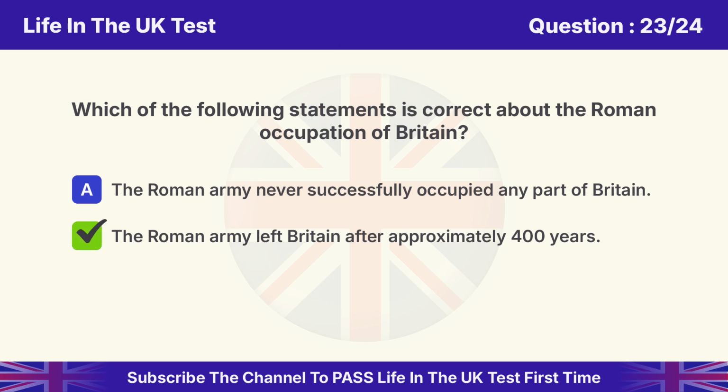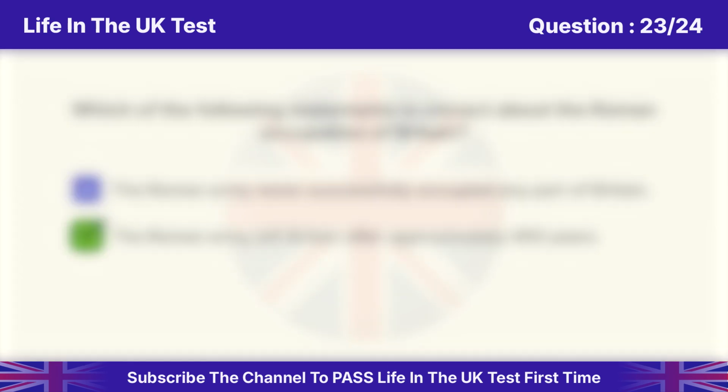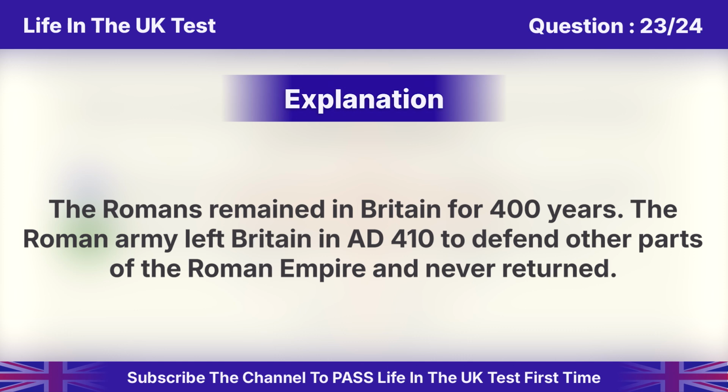Answer is B. The Romans remained in Britain for 400 years. The Roman army left Britain in AD 410 to defend other parts of the Roman Empire and never returned.